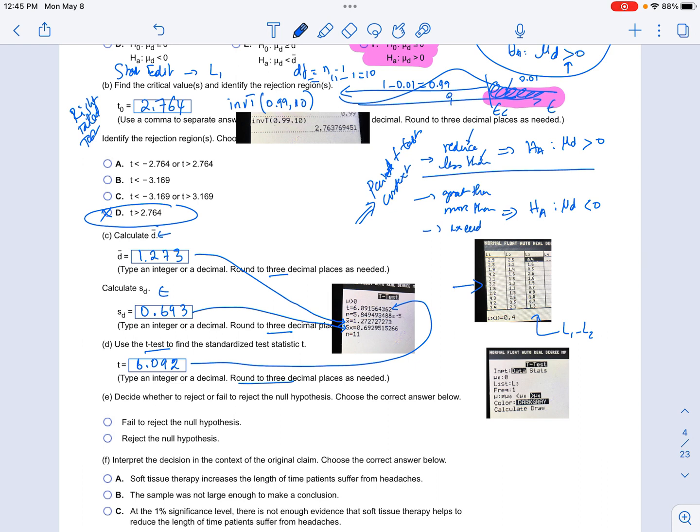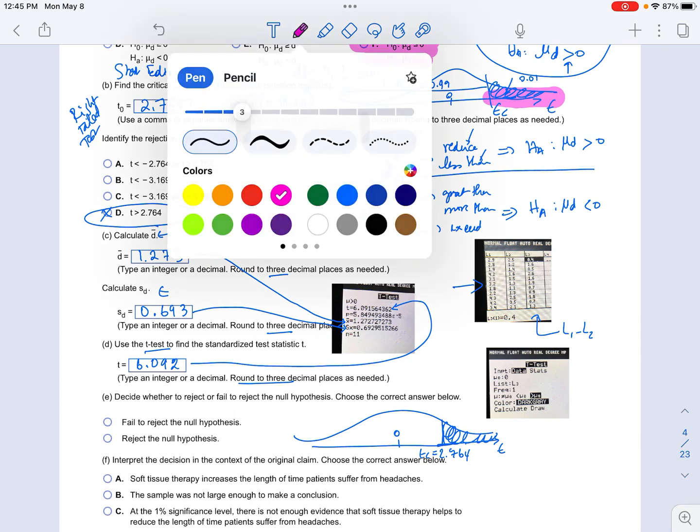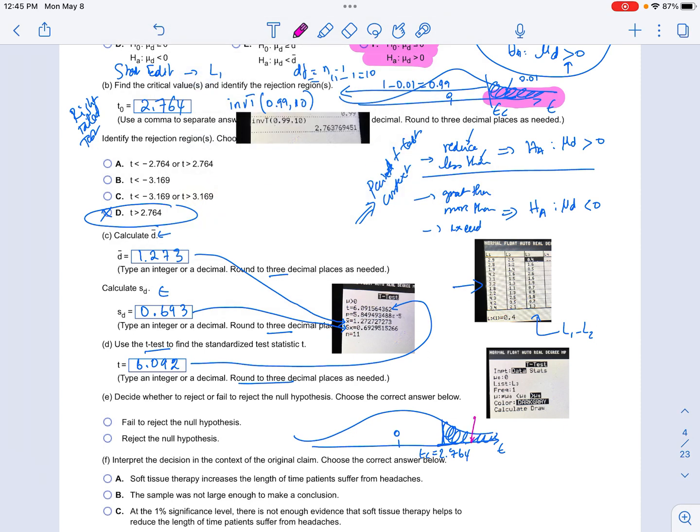Do we reject? Do we fail to reject or no? So I'm going to graph that again. Your critical value is 2.764. This is your critical value. Now, your statistical test is somewhere here at 6.092. So it's within the rejection region, so we reject the null.